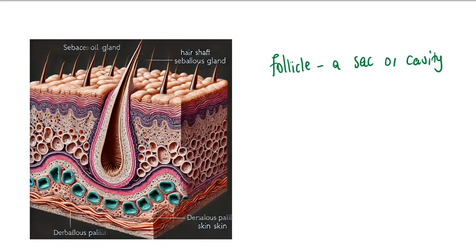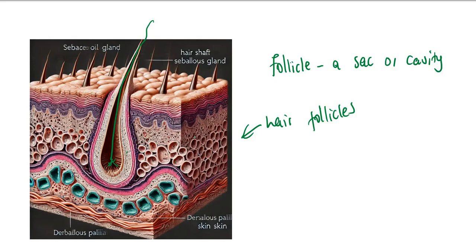Now for example, here these are hair follicles. The one that you see here is the follicle part, meaning that it's going to be having the root hairs, you understand? So your hair will be here and then the root hair will be there. So at the base there, it is inside of a hair follicle.